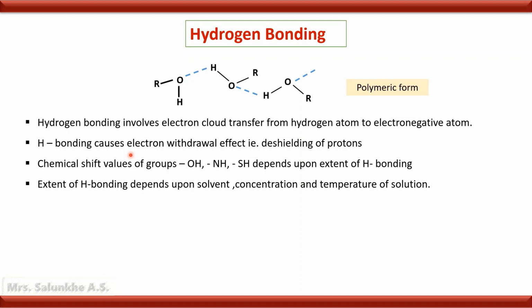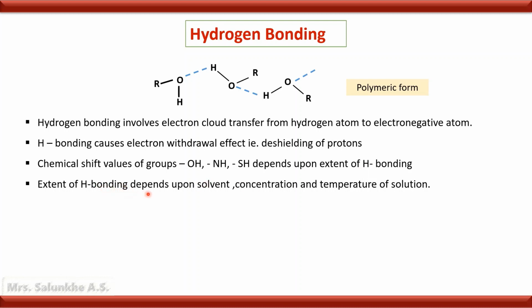Hydrogen bonding causes an electron withdrawing effect, that is, de-shielding of the proton takes place. Therefore, the chemical shift values of groups like OH, NH, SH show hydrogen bonding, and the chemical shift values depend upon the extent of hydrogen bonding.